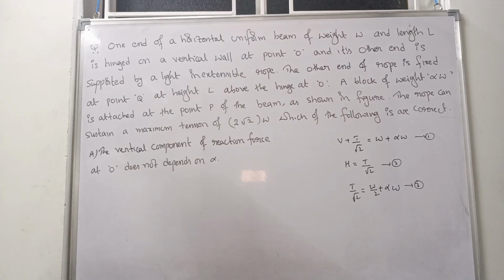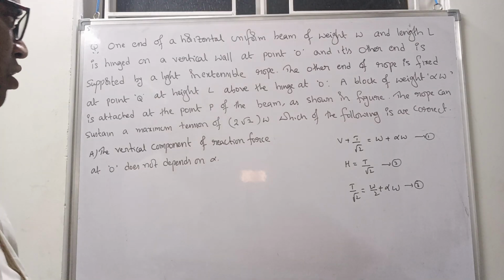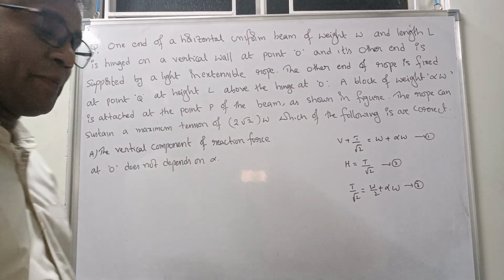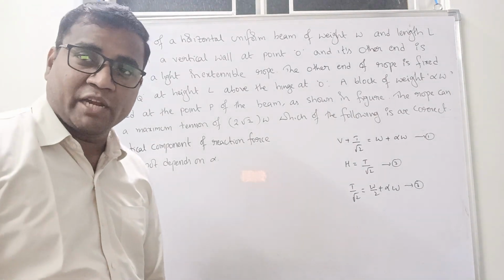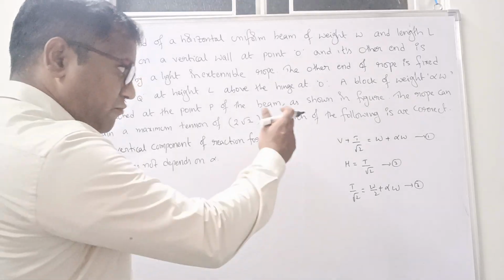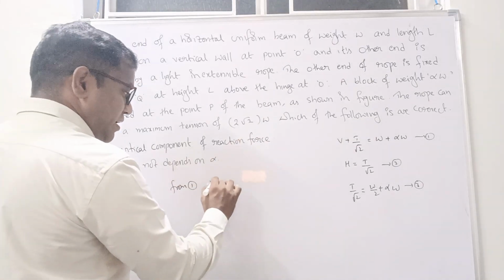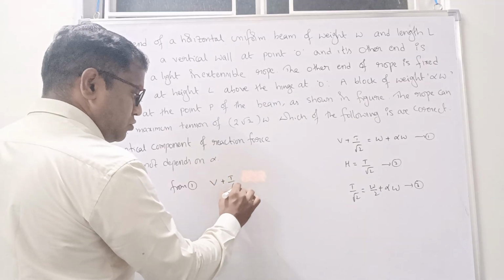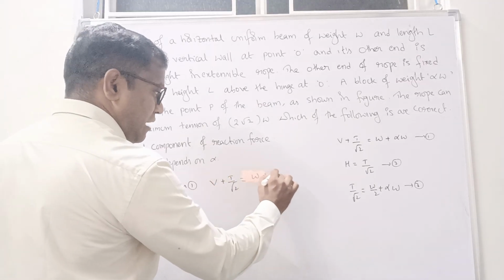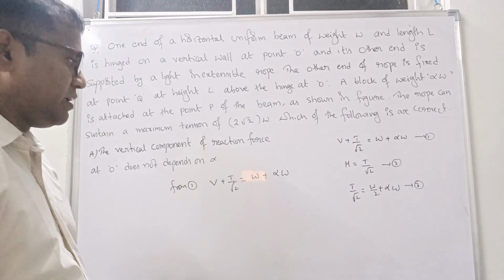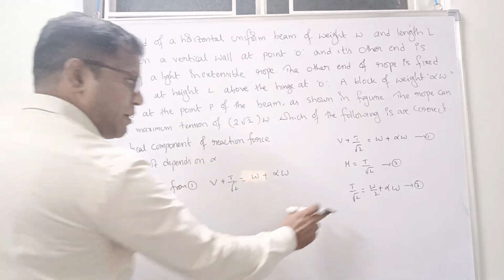See here, what is the first one he's saying? He's saying that the vertical component of reaction force at O does not depend upon alpha. The vertical component we already know is V. So from the first equation, V plus T by root 2 is equal to W plus alpha W, right? What is T by root 2?